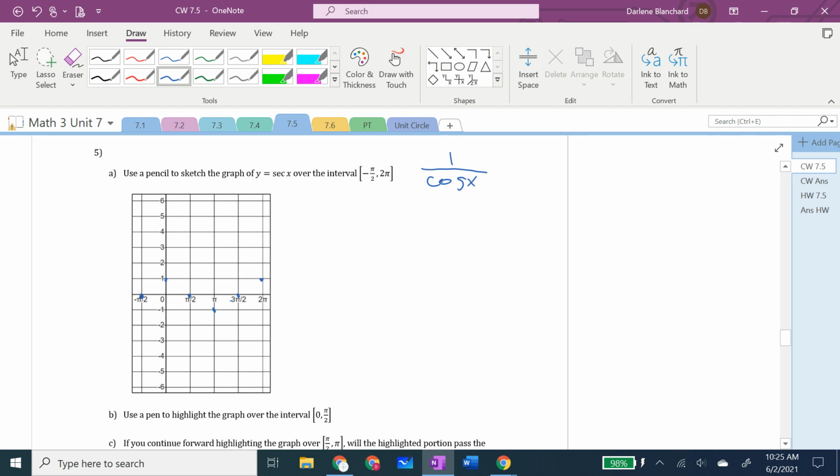And I'm going to add in this point over here. And where cosine crosses the x-axis, its reciprocal function has vertical asymptotes. And where cosine is equal to 1, that is where the graphs share a point. And where it is -1, the graphs share a point.